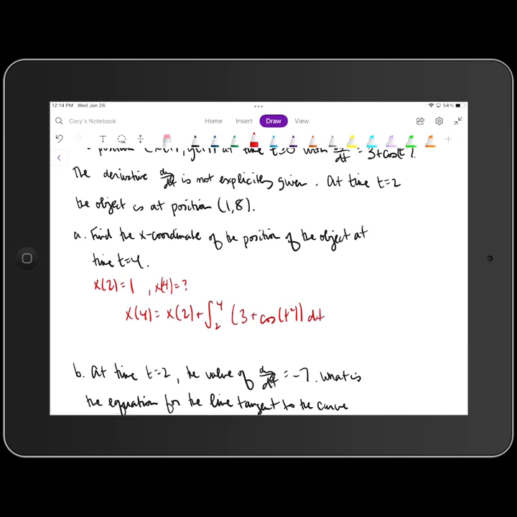So again, you want to evaluate this on your calculator. I got that to be approximately 7.133, rounded to 3 decimal places.